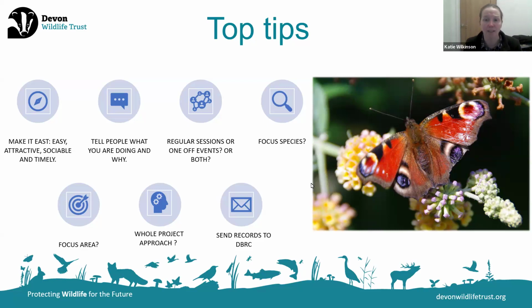Baseline data will also tell you if there's anything significant to be aware of in terms of species. You might also want to think about historical data that can feed into your baseline data. So databases such as Devon Biological Records Centre, or the National Biodiversity Network Atlas, I think it's called, or something like the Hedgehog Street website, which will show you all the hedgehogs that have been recorded in your area.